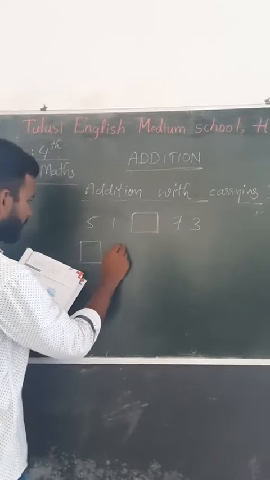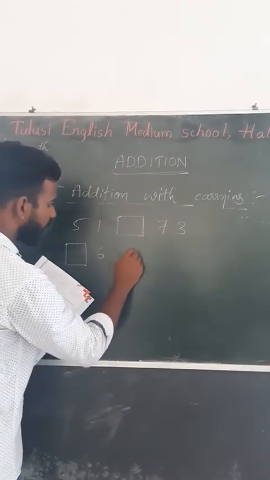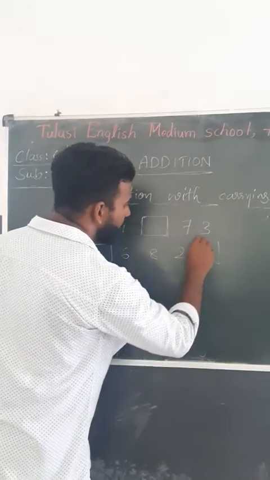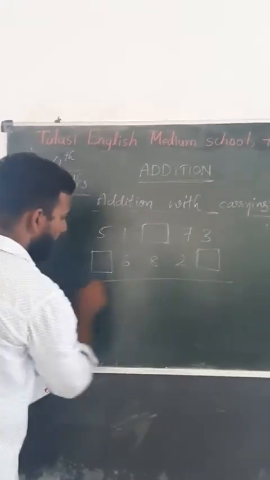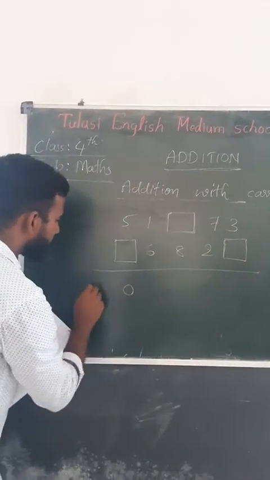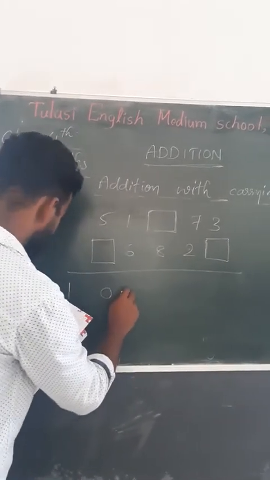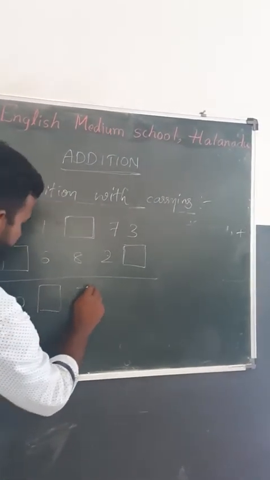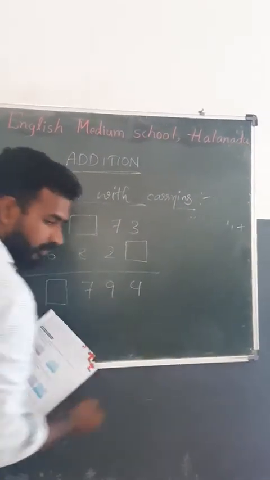Here there is about 6, 8, 2. In the ones place you have to fill 0, 1, 7, 9, 4.